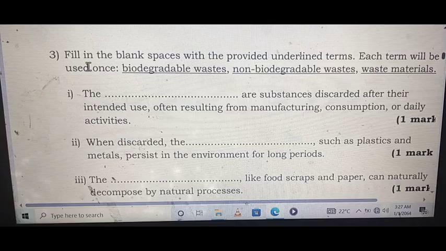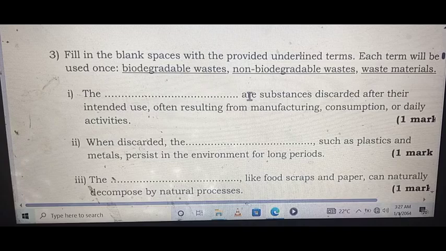Question 3. Fill the blank space with the provided underlined terms. Each term will be used once. Biodegradable waste, non-biodegradable waste, waste material. 1.